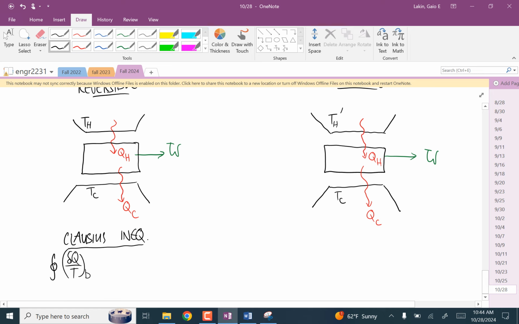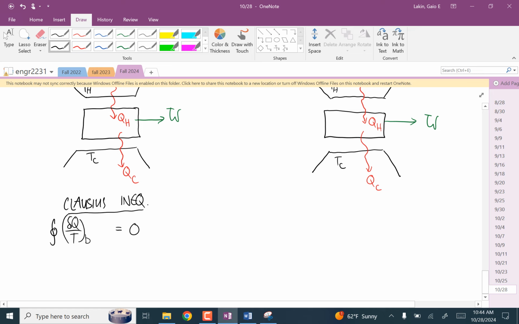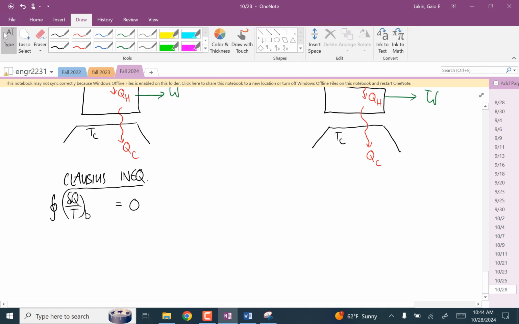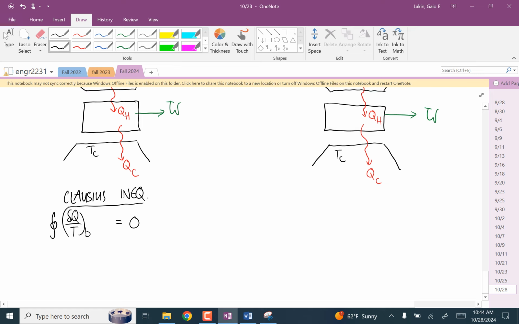Zero, exactly. And this is the fancy looking form, but really all this means to us is we have two different temperature parts of the boundary where heat transfer is happening. So we have QH over TH minus QC over TC is equal to 0.